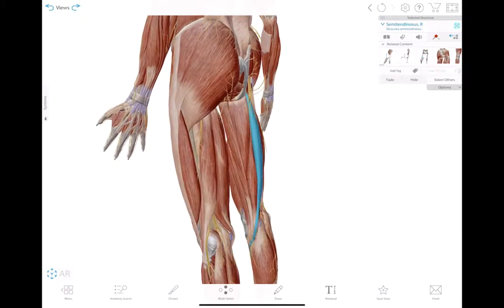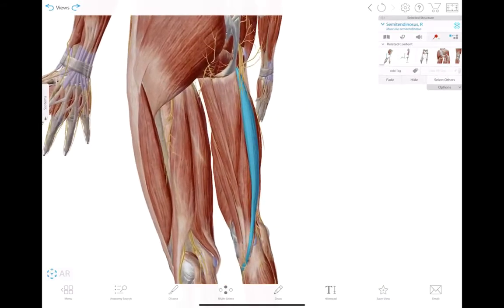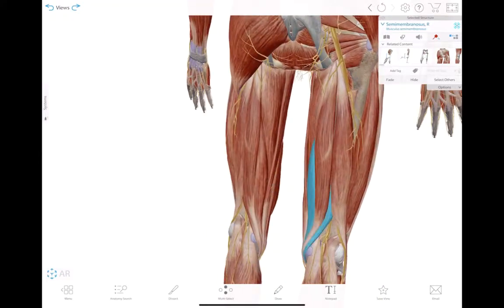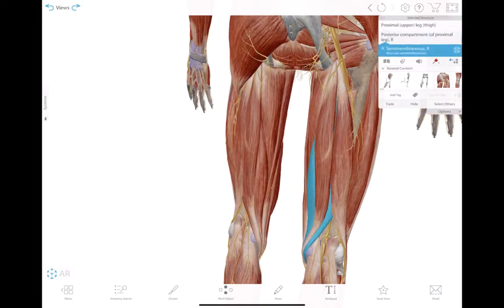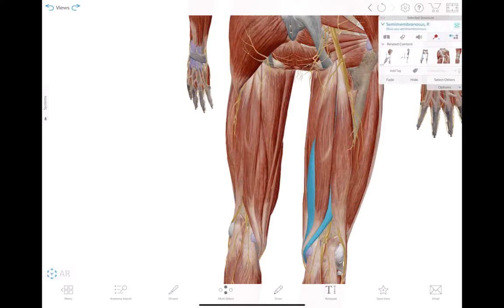So the semitendinosus, if you can see here, is on top of this semimembranosus that's underneath it. Okay, so I always remember semitendinosus has a T in it, so it's on top, right? That's this muscle. And then the semimembranosus sits underneath it there. So these three muscles, right, are the hamstring muscles.